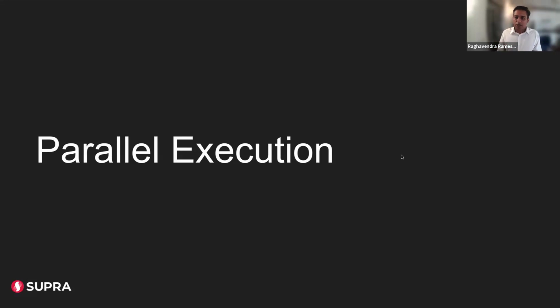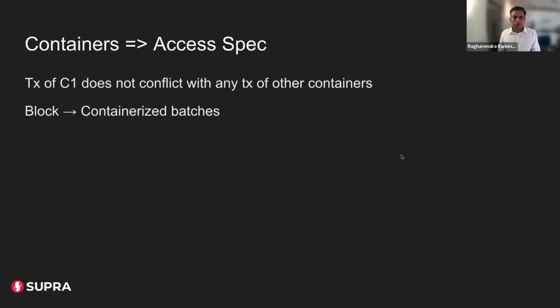So yeah, parallel execution. Now, containers, especially in the EVM setting, when giving a partition of the state, can be seen as an access specification. How? If you recall in Solana, the transactions come with read and write sets saying that I'm going to read from these accounts and I'm going to write to these accounts.